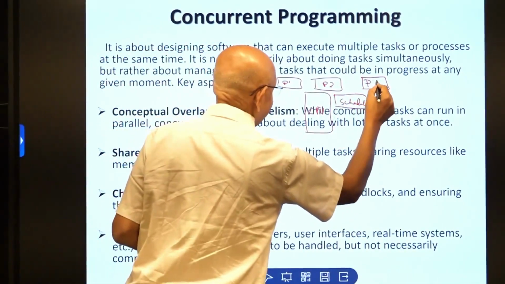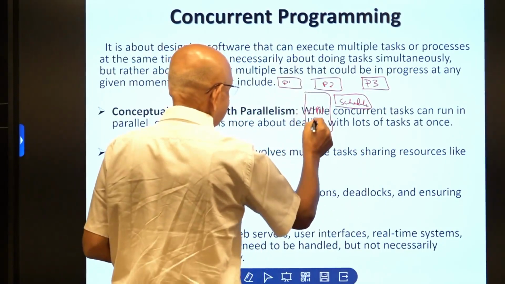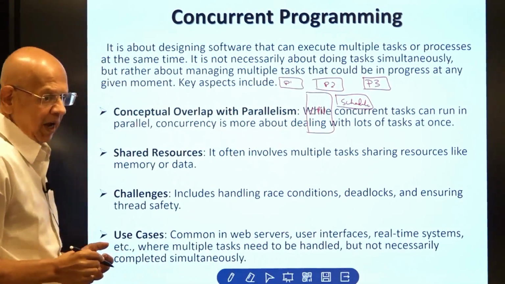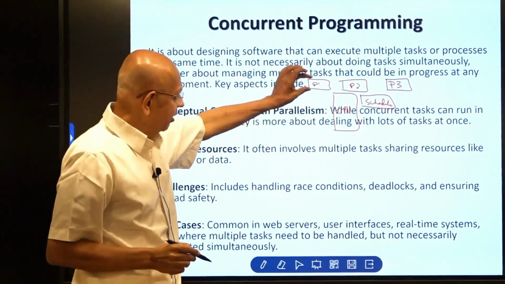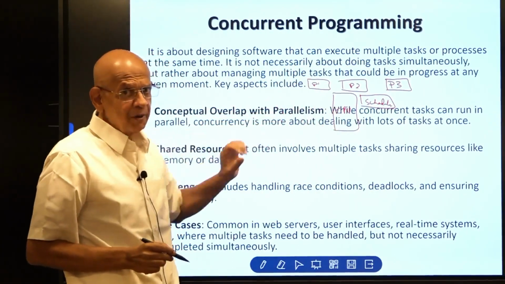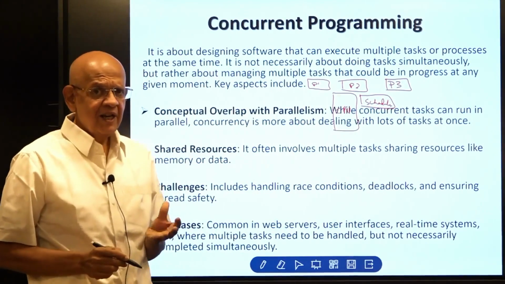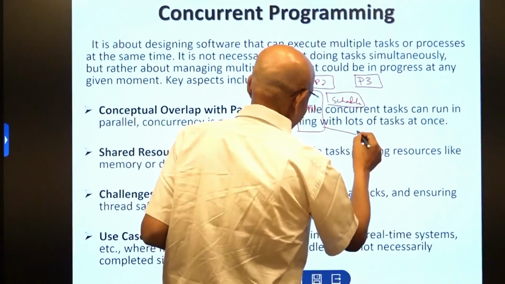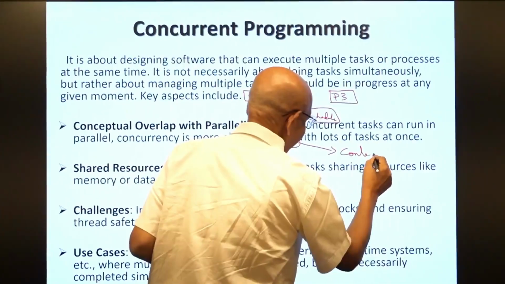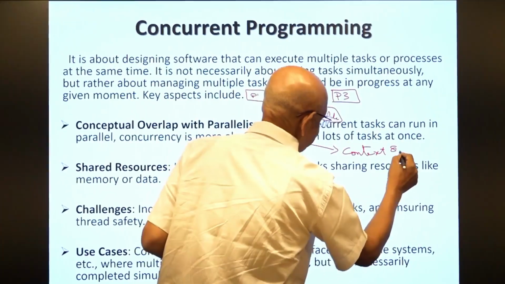Now what would the scheduler be doing? It would use the given CPU and run part of P1 on the CPU, and then it would do what is called a context switch. A salient aspect of concurrent programming is context switching.